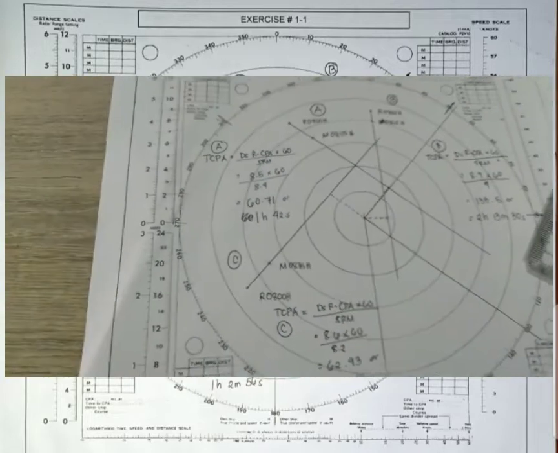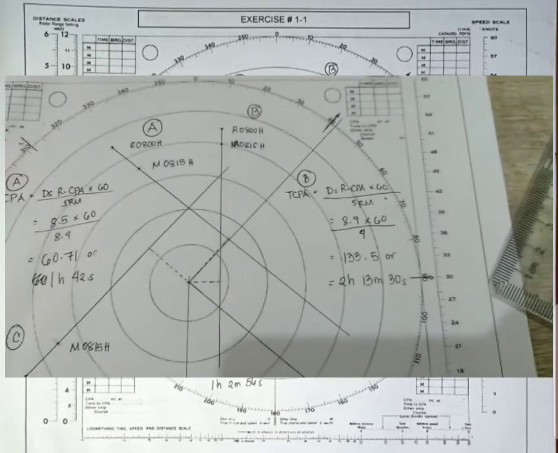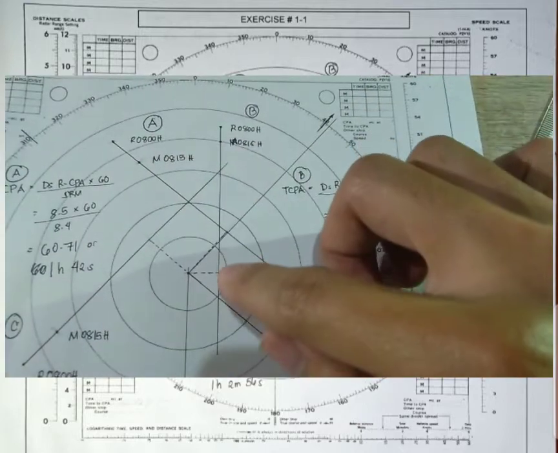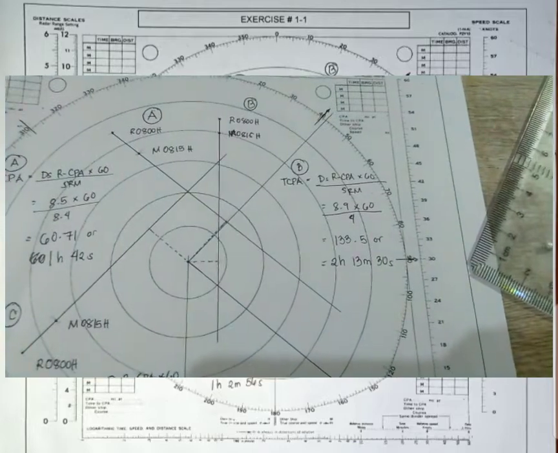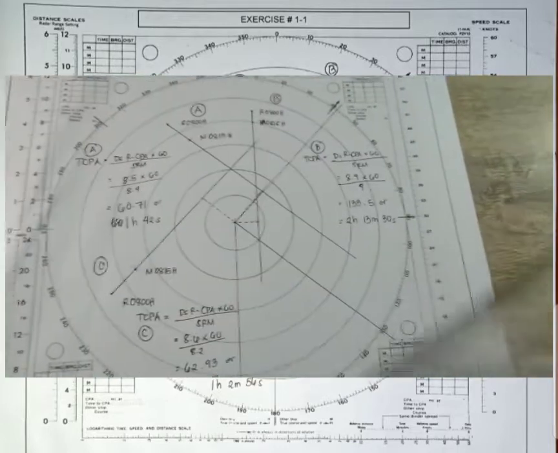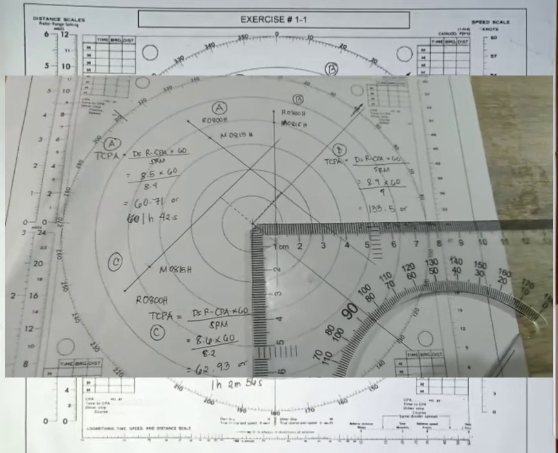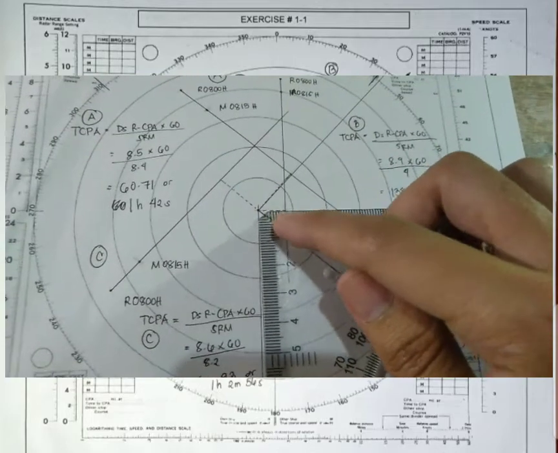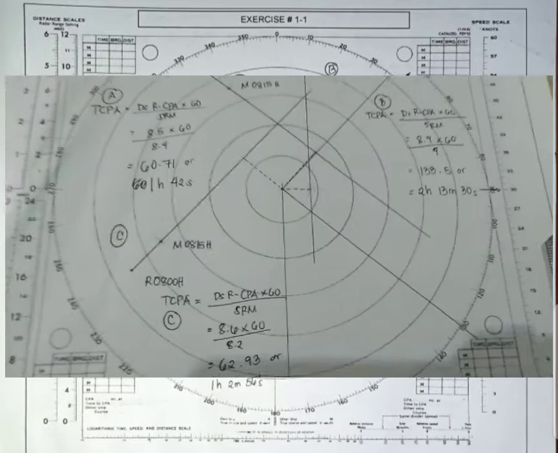And for contact B, here is our contact B. Okay, for the bearing CPA, we made a right angle here, and then measure that CPA, draw a broken line, and then measure that: it is 90 degrees.